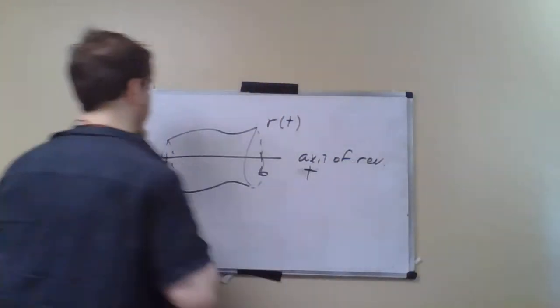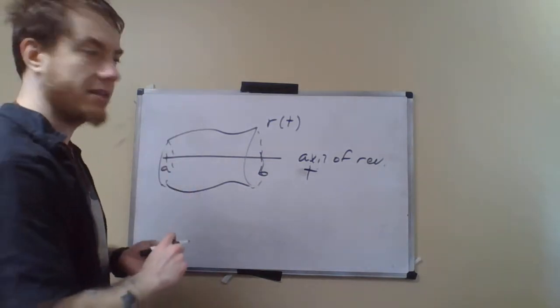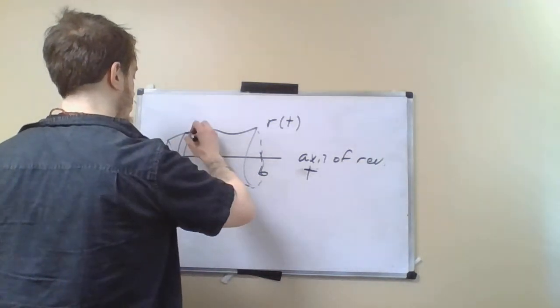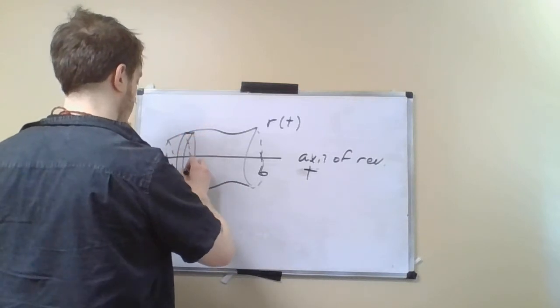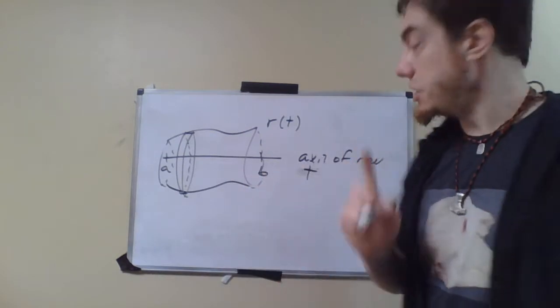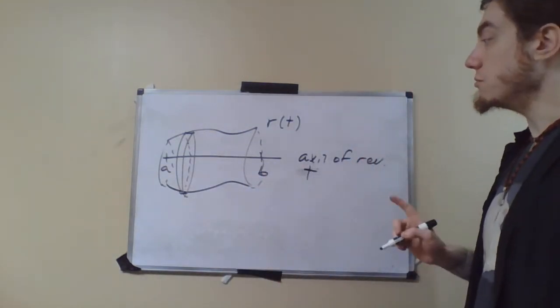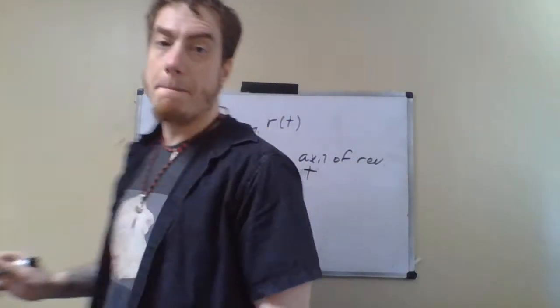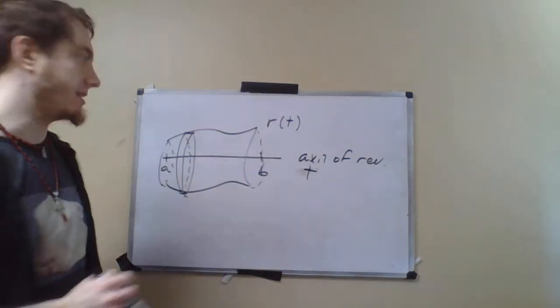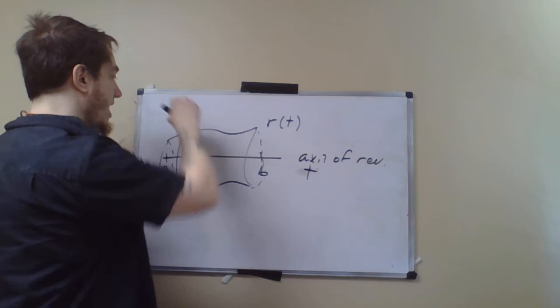We said, okay, let's try slicing this thing up into thin slices. Each of these slices is hard for me to draw, but we know how to find the volume of it because the volume of the cylinder is just the area of the end cap times the height, or in this case, times the width.